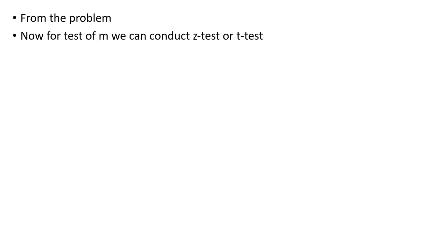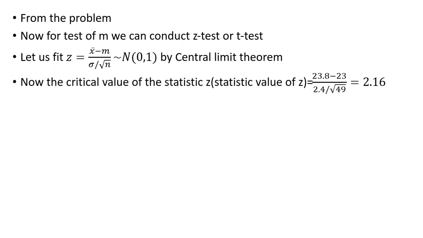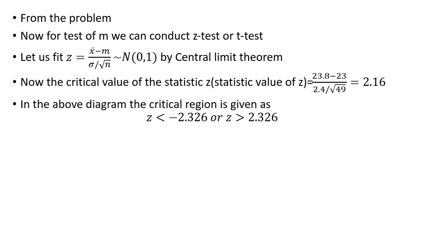Now, from the problem, we will test for m. We can conduct a Z test or a T test. Okay, let us speed this up. Note that everything is the same, only the alpha value differs. The Z statistic will be 2.16, just like the previous problem, but the critical region is different.